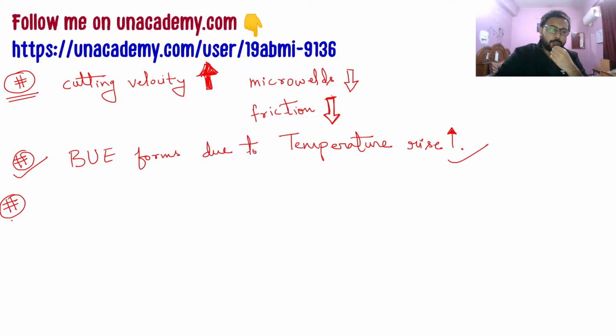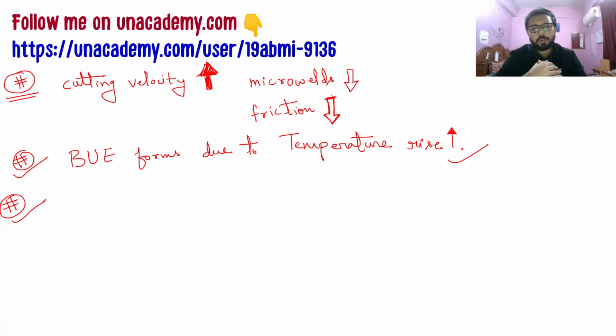But one thing you have to remember is that cutting velocity is also making the temperature rise. So in some manner cutting velocity is also leading to these micro welds, because if cutting velocity is increasing, as I have discussed in one of the slides in this class, then you will get high temperature due to high power generated, because power is equal to force into velocity, and that force will be cutting force, and that velocity will be cutting velocity. So cutting velocity leads to temperature rise also.